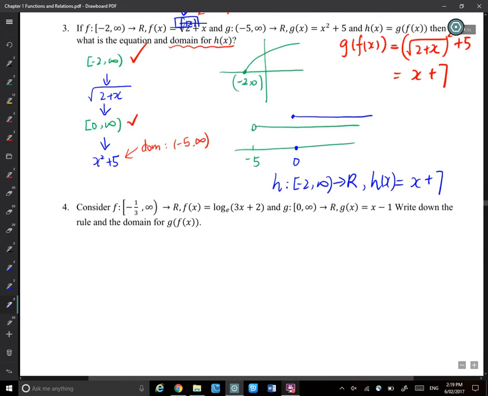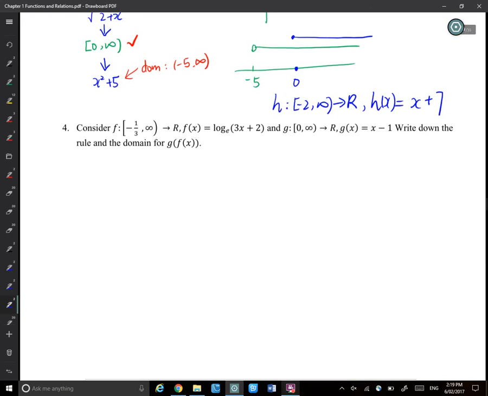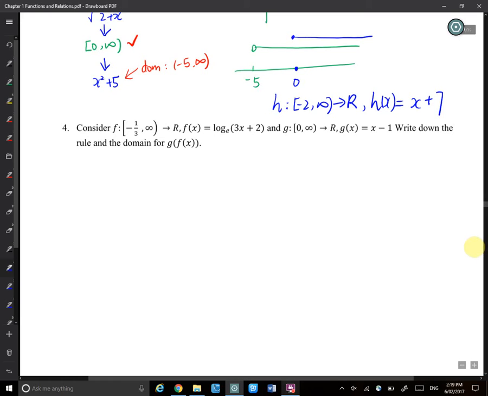The questions on the first page are kind of easy, and then the difficulty level increases later. So next one. Consider the functions f(x) and g(x). Write down the domain and the rule for g f of x. So for g f of x, what is f(x)?